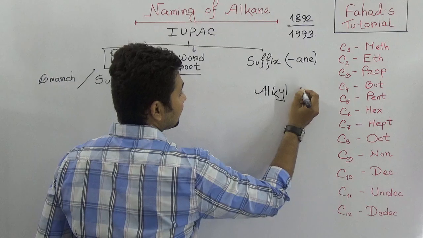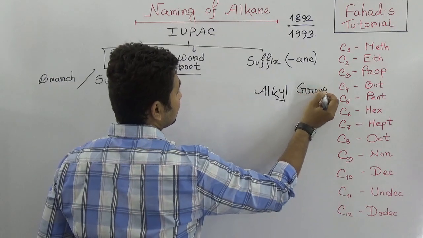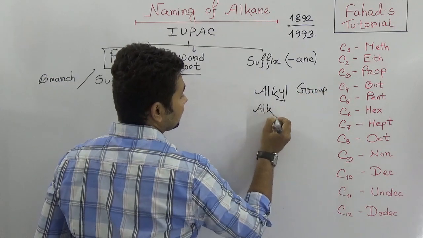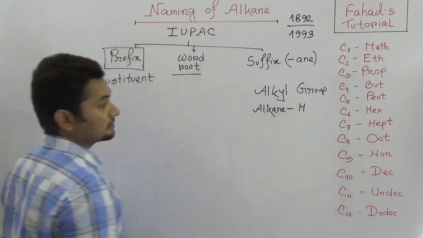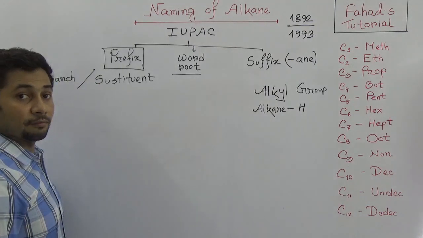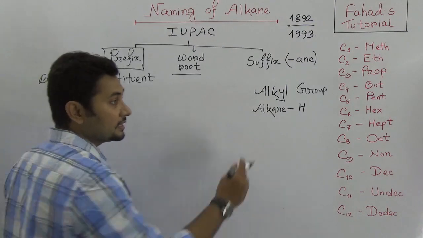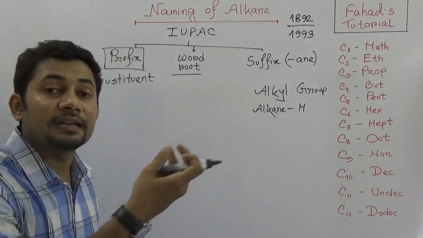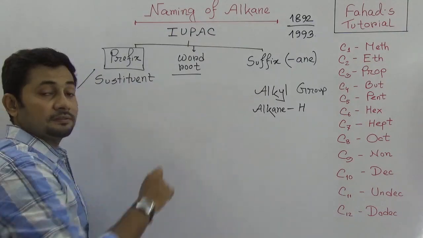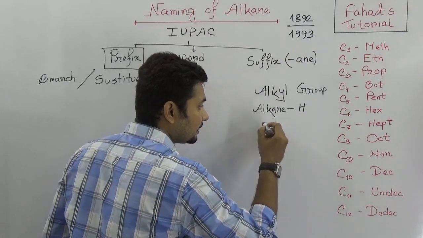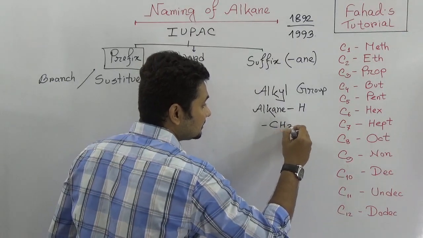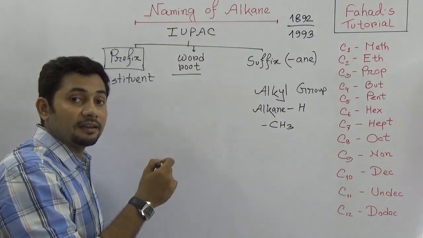Alkyl group means that if you remove one hydrogen from alkane, then it will be the corresponding alkyl. Suppose CH4 is methane, so if you just remove one hydrogen, it will be CH3, that is methyl.